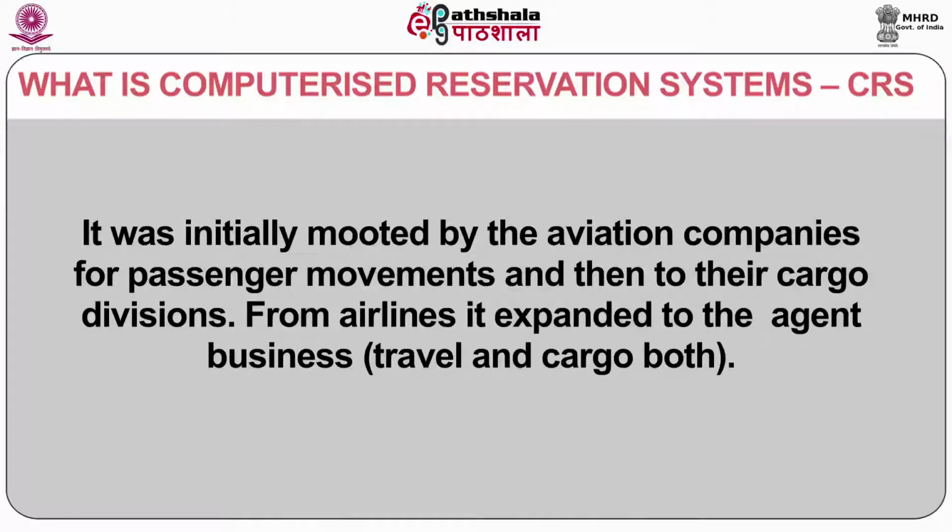It was initially mooted by aviation companies for passenger movements and then extended to their cargo divisions. From airlines, it expanded to the agent business, that is, travel and cargo both.